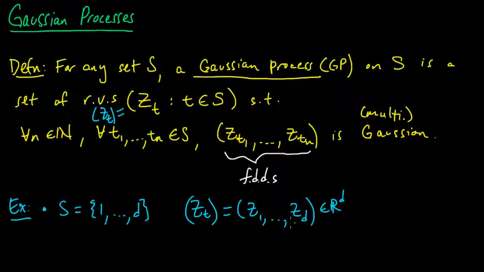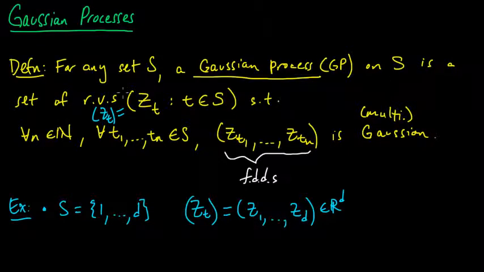And if we put some multivariate Gaussian distribution on this, then of course any subset of those random variables is going to be multivariate Gaussian. That follows by the affine property of Gaussian distributions. And so this satisfies the definition, right?